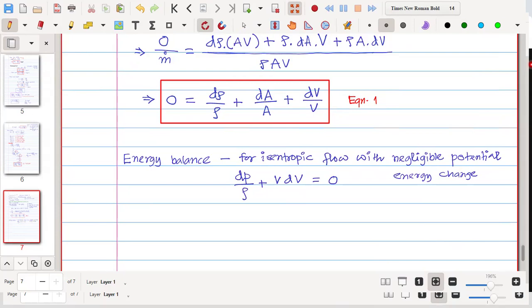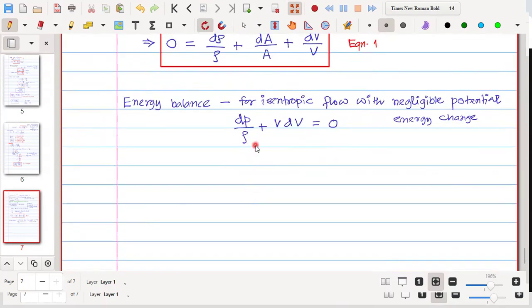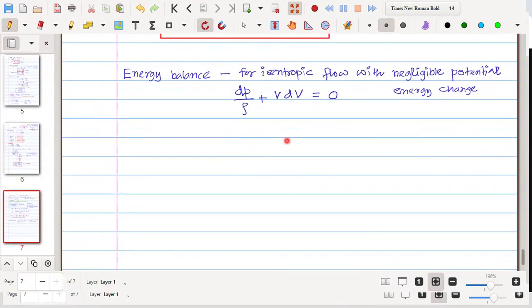So for this, what should be done? So it can be proved. Okay. This can be proved. Then how this comes for the isentropic flow, that can be proved.